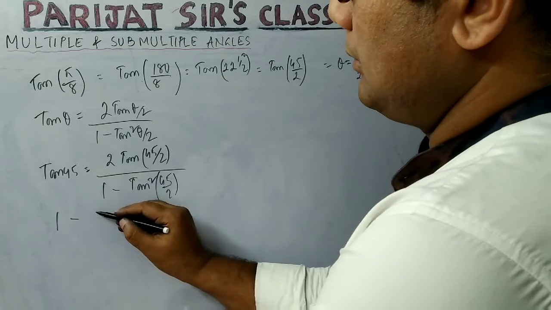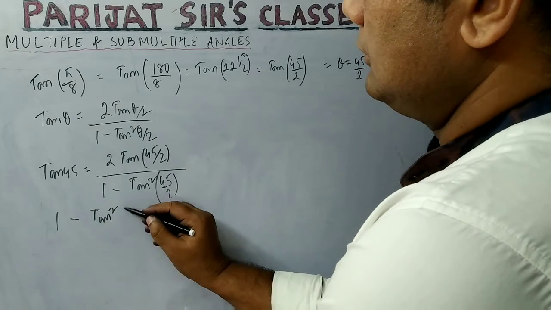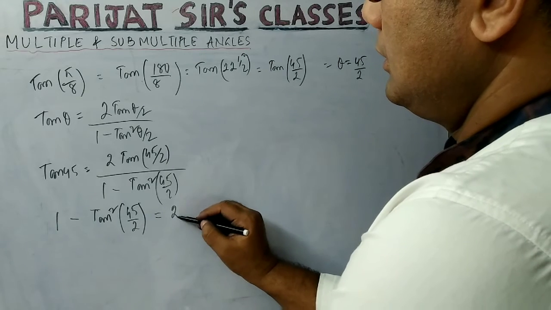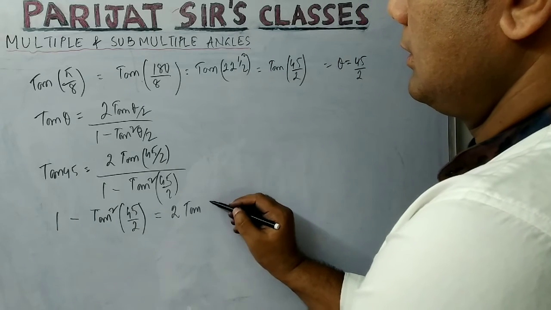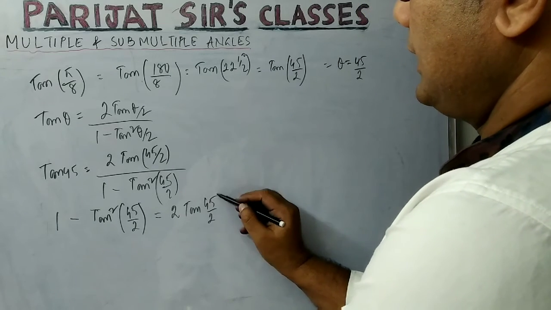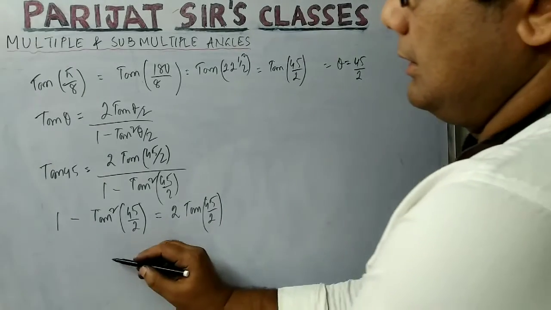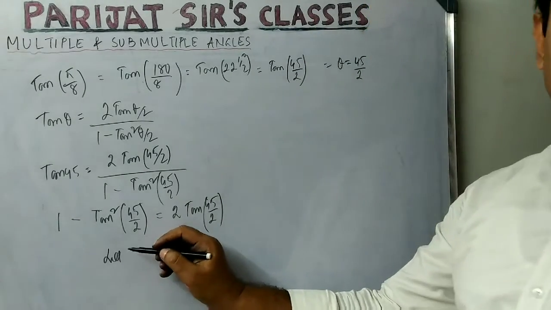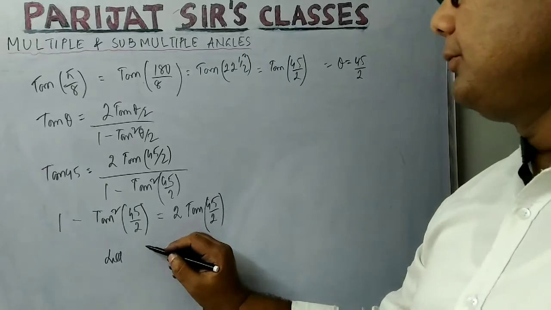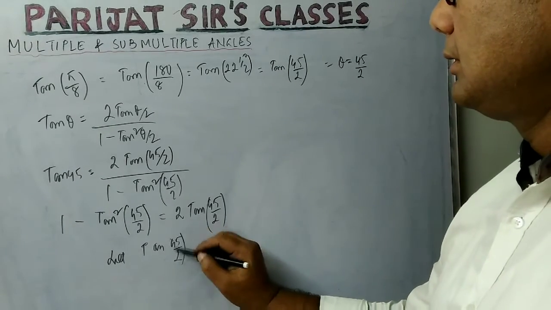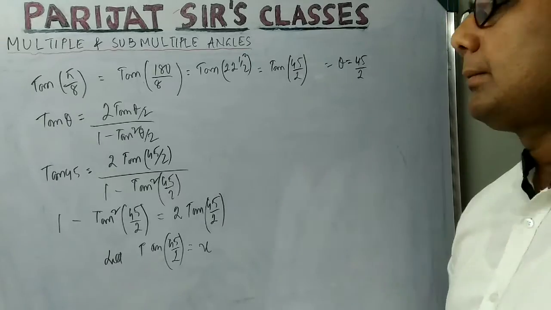So tan 45 we know the value as 1. So 1 into this is 1 minus tan square (45 by 2) equal to 2 tan (45 by 2). Let's take tan 45 by 2 as x.